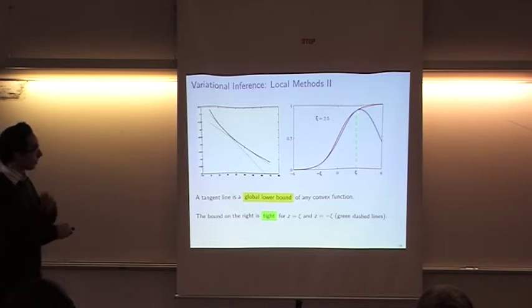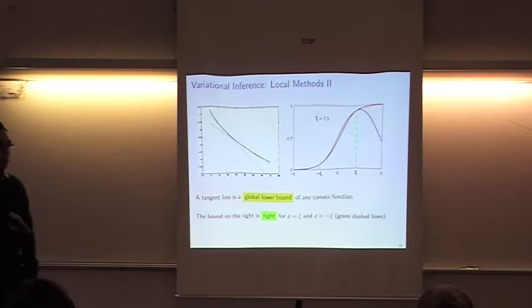At that location, the Gaussian touches the logistic function. So basically, I am lower bounding this logistic function with a Gaussian, and I will be adjusting that Gaussian so that the lower bound is as good as possible. So I will be optimizing this parameter psi, which specifies the location of the Gaussian lower bound.